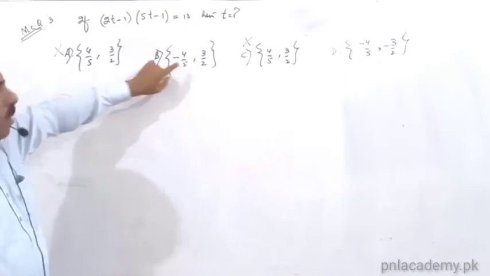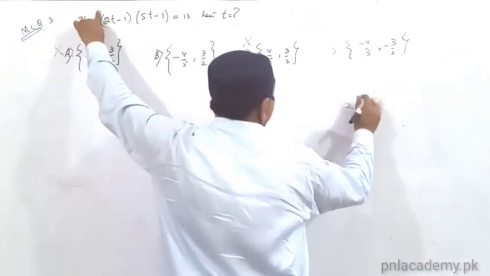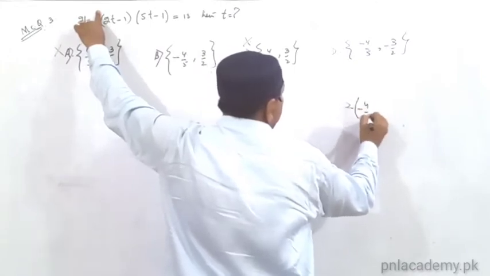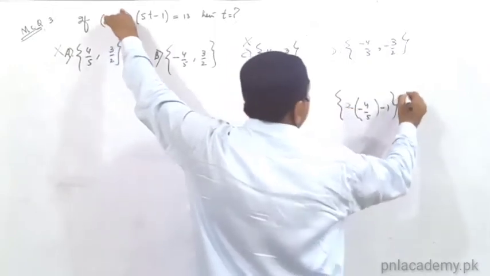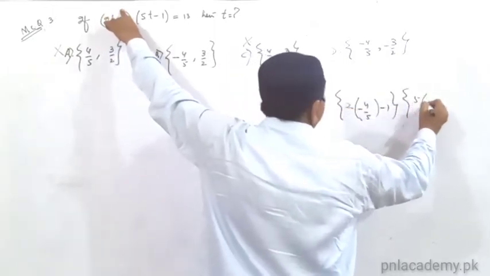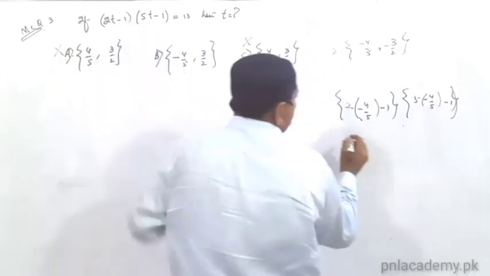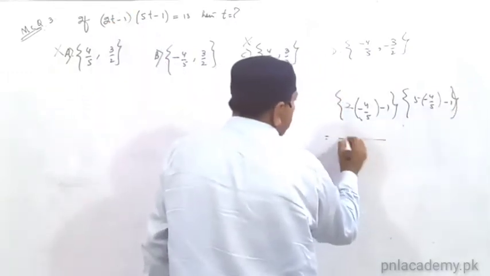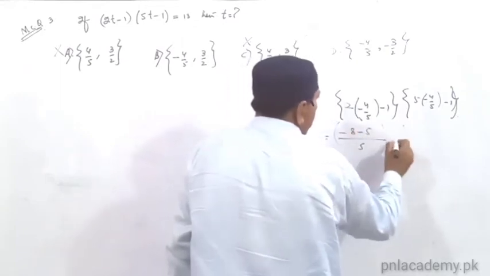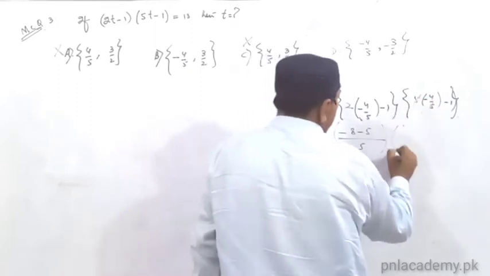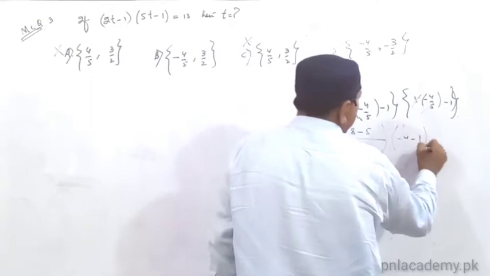If you select minus 4 upon 5, so 2t means 2 into minus 4 upon 5 minus 1, 5 into minus 4 upon 5 minus 1. So this will be 5 is the LCM, minus 8 minus 5, 5 cancel, minus 4 minus 1.